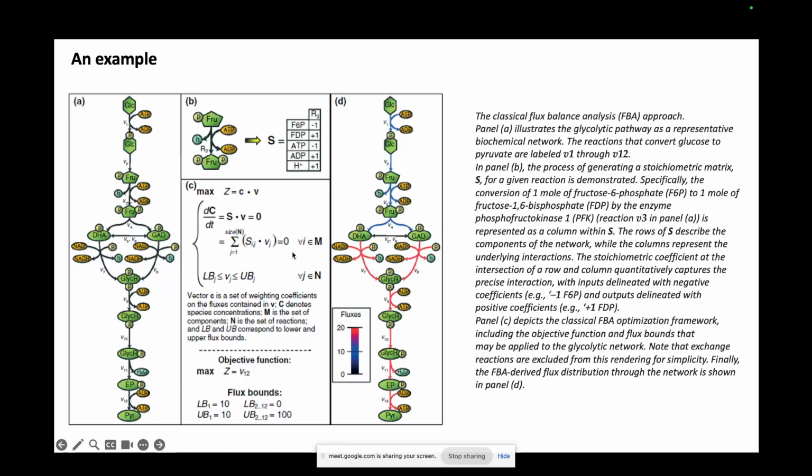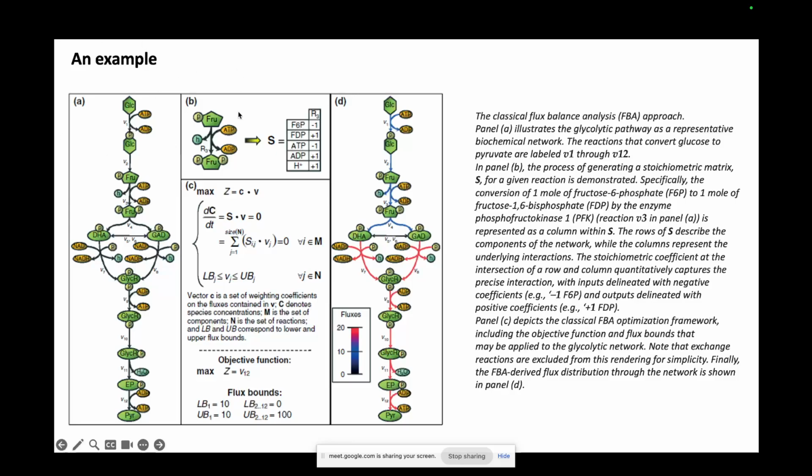Now, what you do is generate the stoichiometric matrix. The process of generating a stoichiometric matrix S for a given reaction is demonstrated, specifically the conversion of 1 mole of fructose 6-phosphate to 1 mole of fructose 1,6-bisphosphate. So how do you construct the stoichiometric matrix for this reaction? What are the metabolites involved?